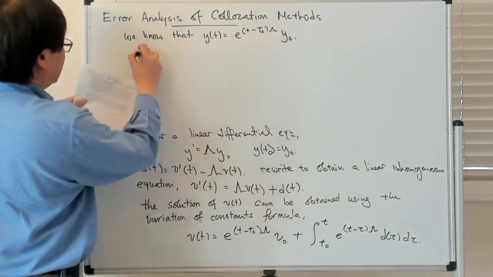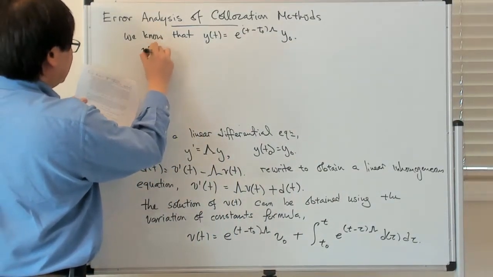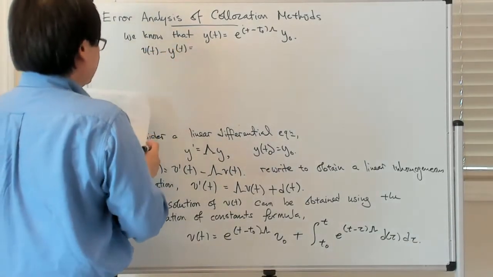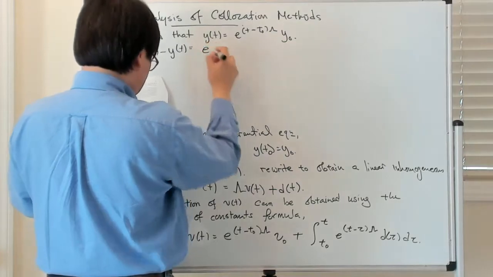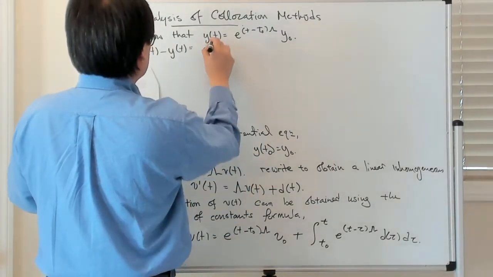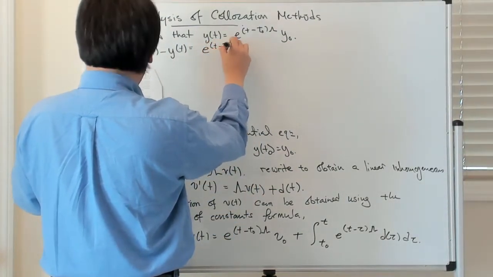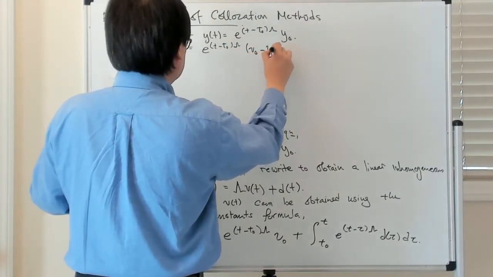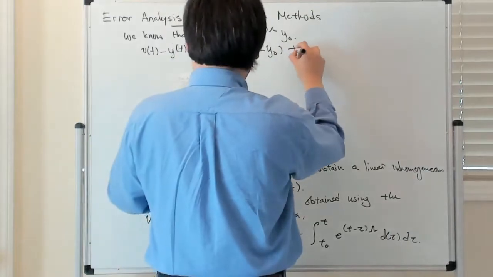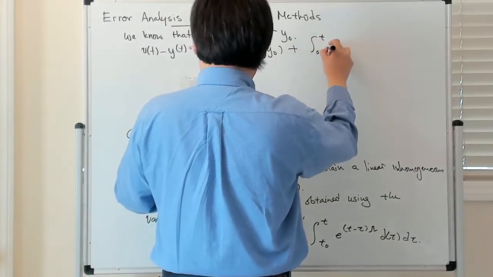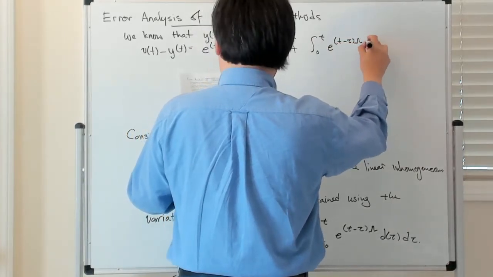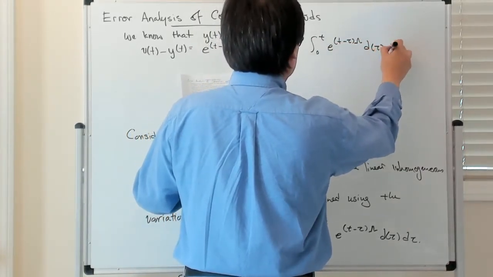So the error, which is v of t minus y of t, is just going to be equal to e to the (t minus t0) lambda acting on (v0 minus y0), plus the integral from t0 to t of e to the (t minus tau) lambda d of tau, d tau.